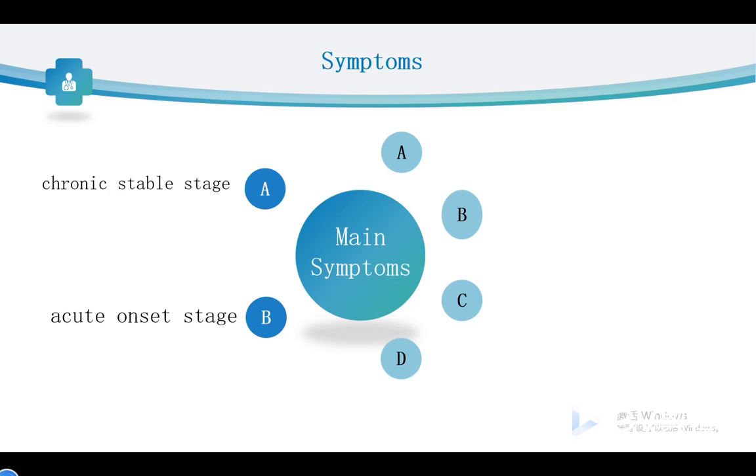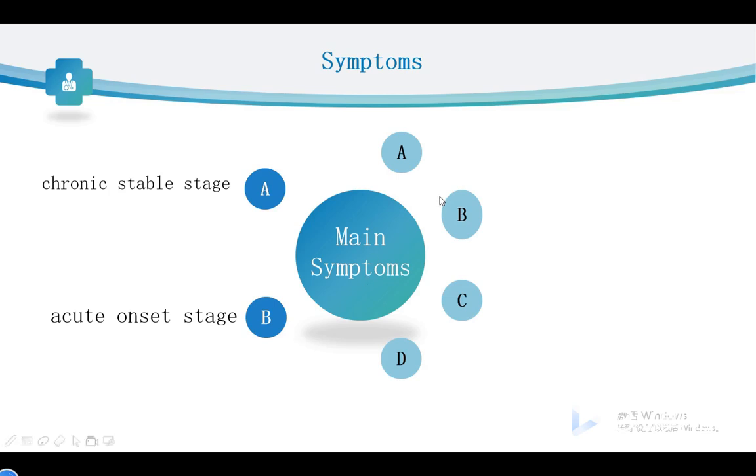In chronic stable stage, some patients may be without any symptoms, and other patients may be with a slight respiratory symptoms. But if the patient in the acute onset stage, the symptoms will be specific.